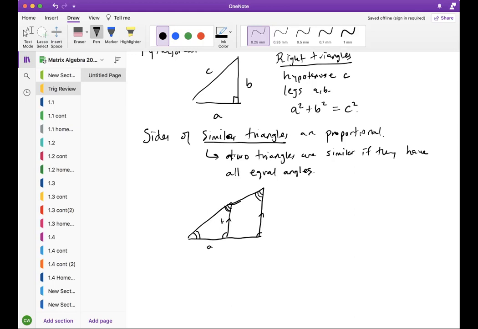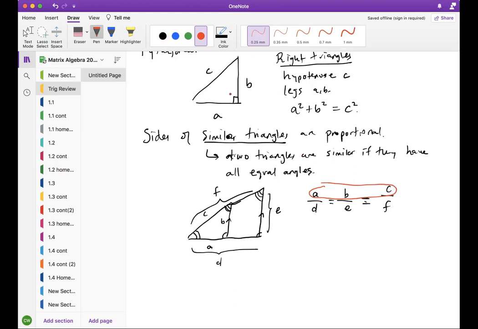So this is A, B, C, and this is, let's say, D, E, and F. For instance, A divided by D, so A is the side of the smaller triangle and D is the similar side of the larger triangle, is equal to B over E. B is the vertical one and E is the vertical one, is equal to C over F. So these are the sides of one triangle, and these are the sides of the other triangle. And that's only true if they're similar.